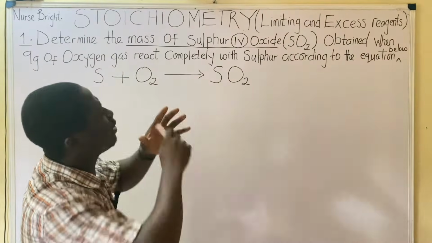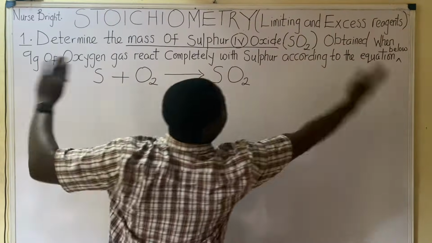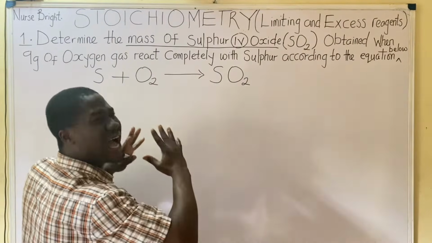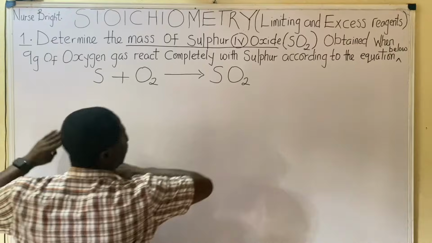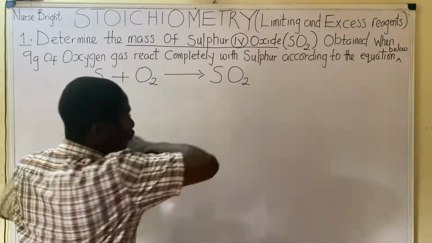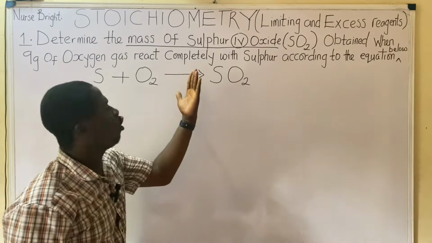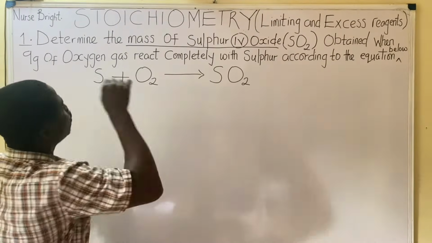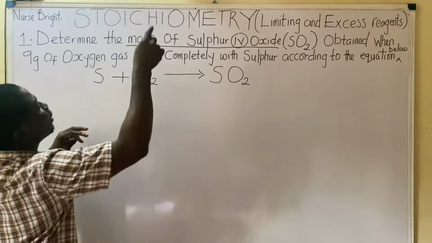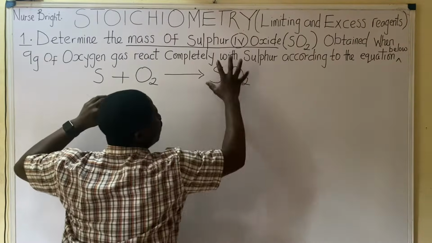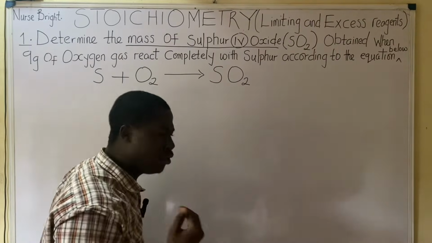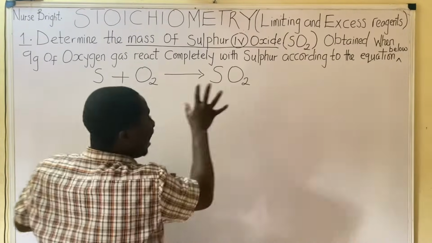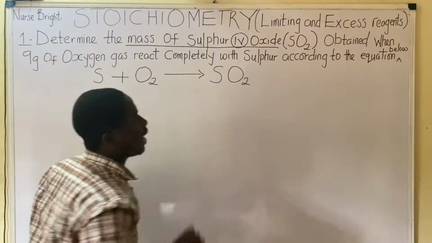Sulfur 4 oxide was what we got as the product, because a reaction has two sides. We have the product side, which is the right hand side of a reaction, and the reactant side, which is the left hand side of a reaction. So I already know that sulfur 4 oxide, SO2, was obtained, so SO2 is on my product side.